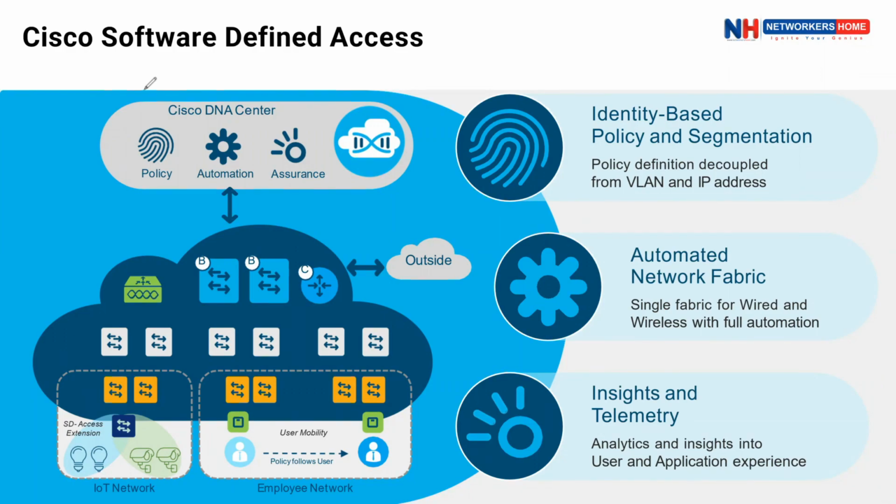The most important component, Cisco DNA Center. I changed the color because blue contradicts. Let's make it green because red, it looks very bright on red. This is the key component of Cisco's software defined network, Cisco DNA Center.